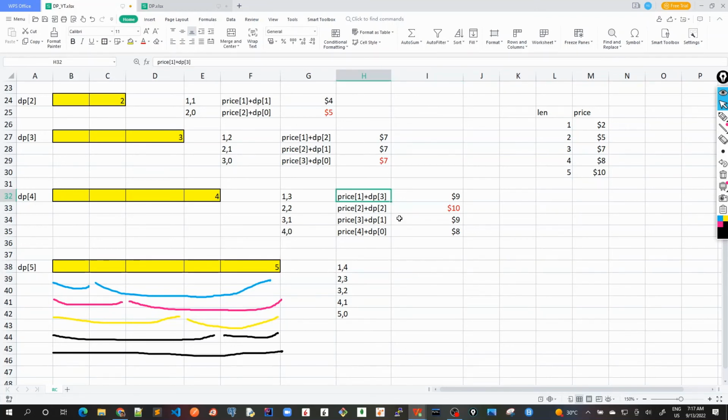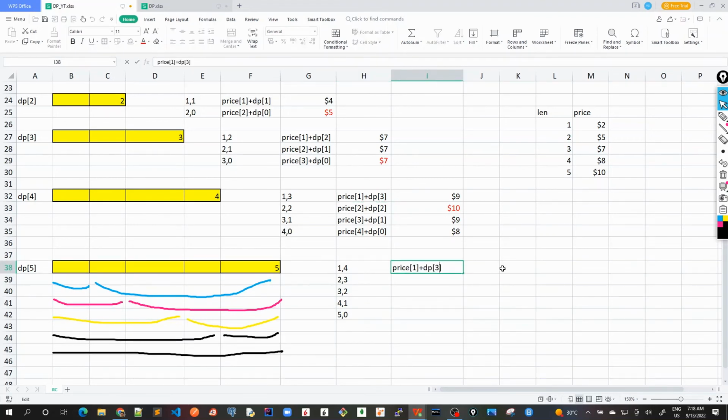So again, it would be quite similar. I'll just copy from here: price 1 and dp of 4. Then price 2 and dp of 3, price 3 and dp of 2, price 4 and dp of 1, and price 5 plus dp of 0.